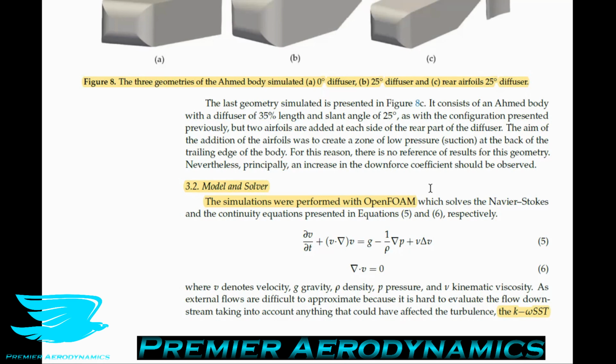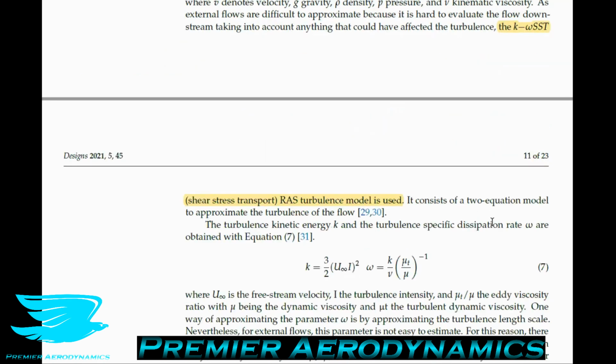I don't know of any other open source CFD solvers that come even close to OpenFoam in terms of its accuracy and availability, and what it can do in a whole bunch of different situations. So that's what they're using here. And they're using RANS, so they're going to use a K Omega SST turbulence model, which is my favorite.